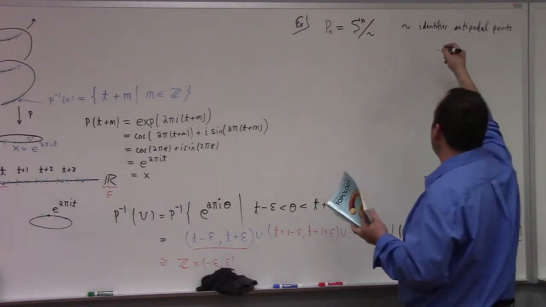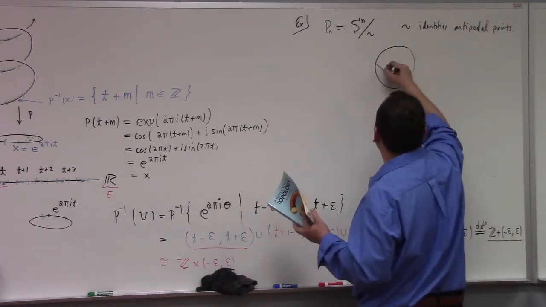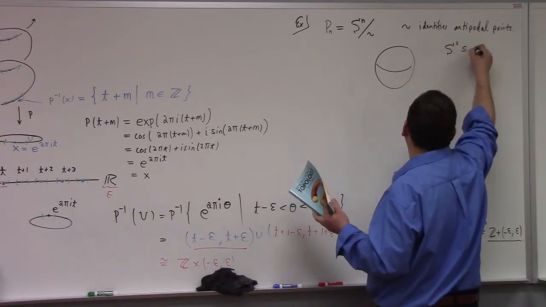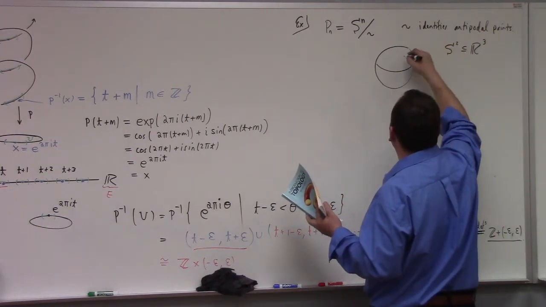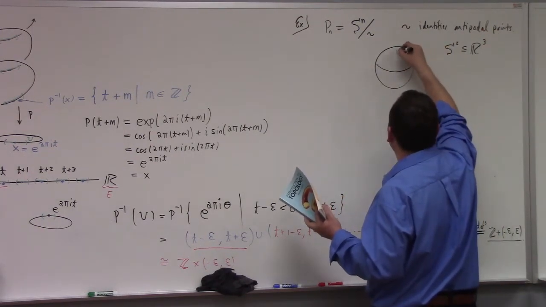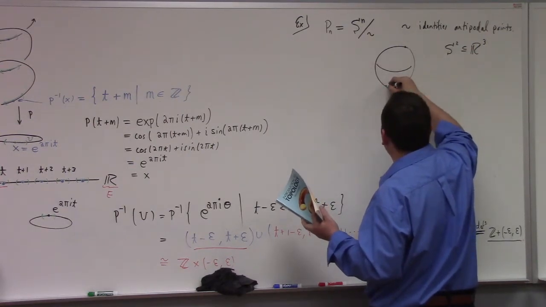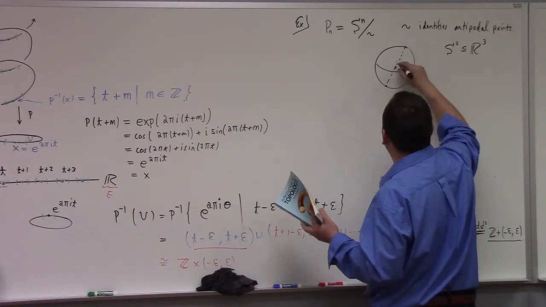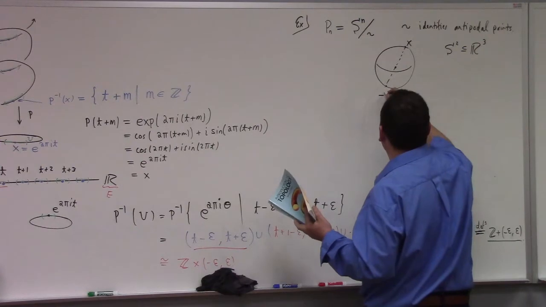So just to draw a picture, I'll do S2, which is of course a subset of R3. And so the equivalence is that if I look at, say, this point, I don't know if I'm drawing it worth anything, but attempting, this is x, this is minus x.